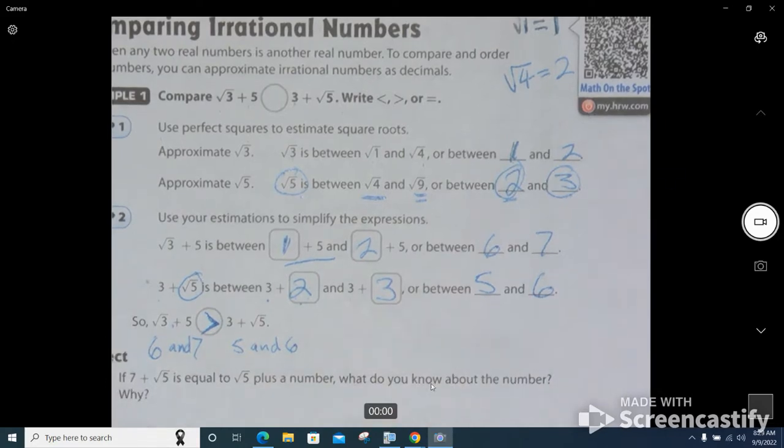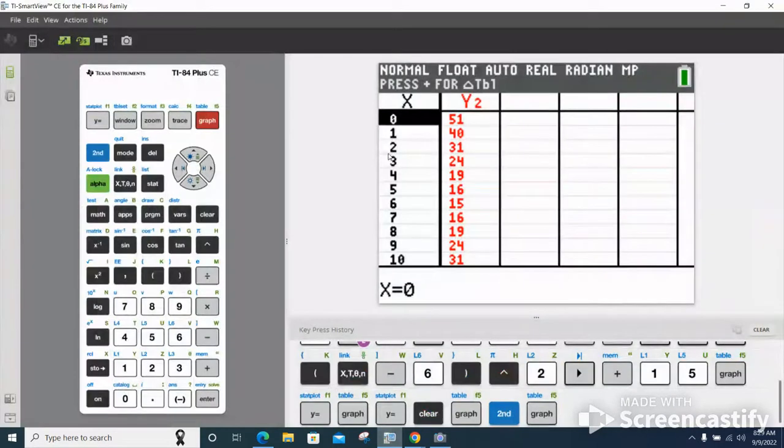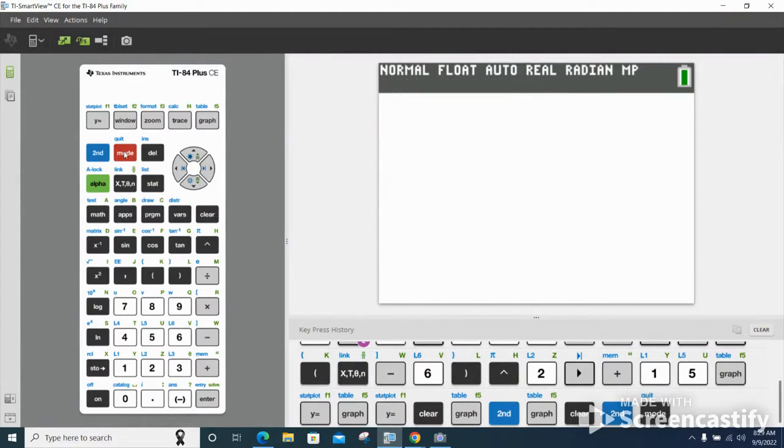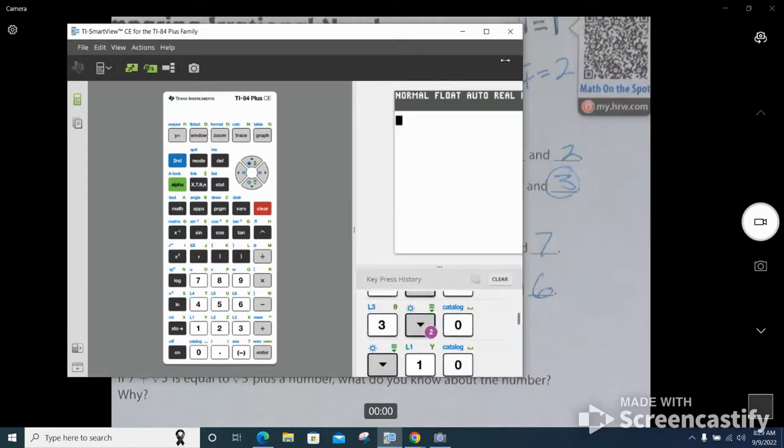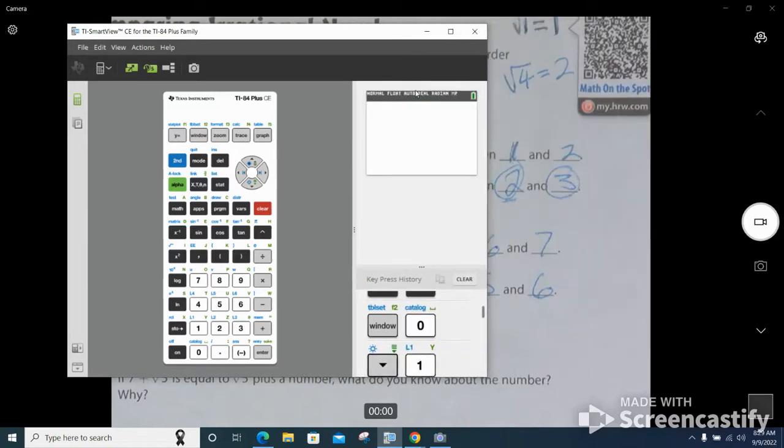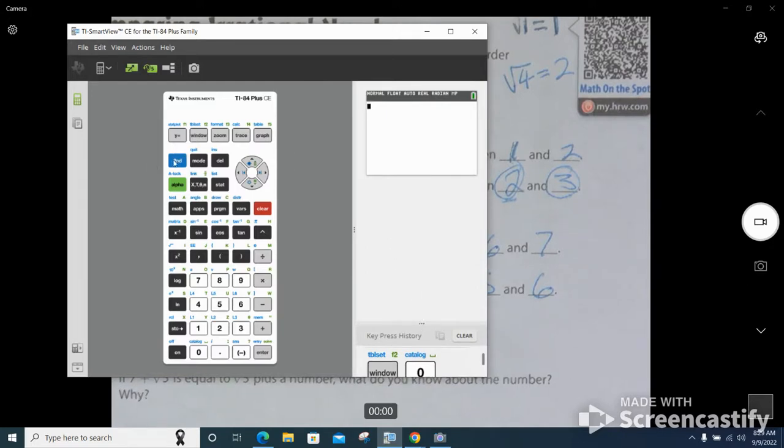The way we do that is we take our calculators and turn them on, and then hit second mode, and then clear that screen out. Hit second mode.